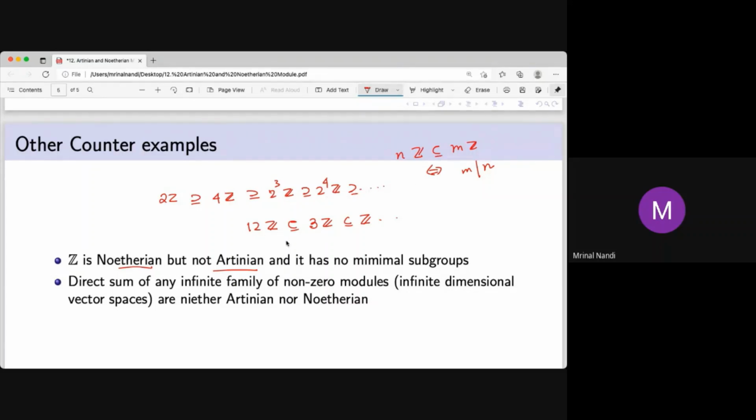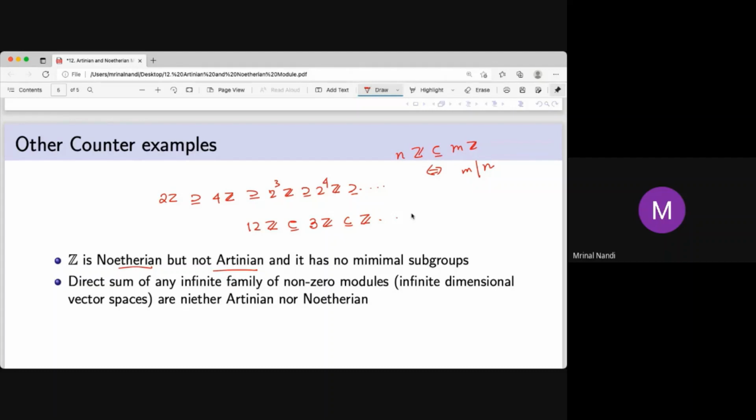But every ascending chain is stationary, because we know that if nZ is a subset of mZ, then m must divide n. So you can start with any number, but if you take an ascending chain, it must stop. But for a descending chain, there is no stop. So DCC doesn't hold, but ACC does. That's Noetherian but not Artinian, with no minimal submodule.